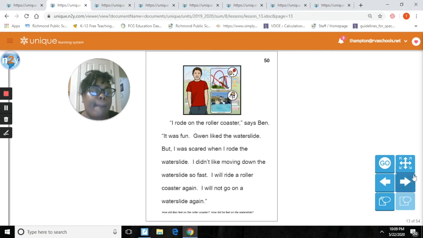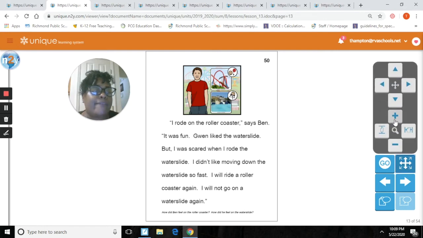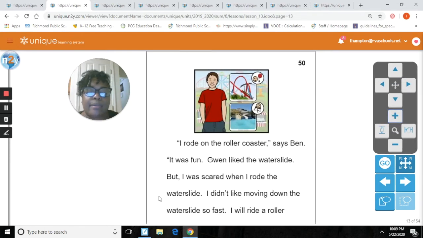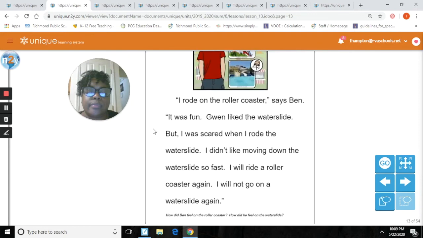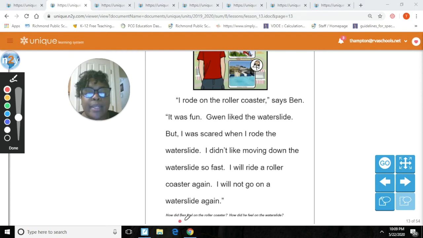Okay? So let's see what our focus question says here at the bottom. Now, how did Ben feel on the roller coaster? How did he feel? And it says, how does he feel on the water slide? So whenever you're answering a question, you're looking for that keyword. You're looking for Ben and how he felt. So here's Ben. Now, what ride did he ride on?